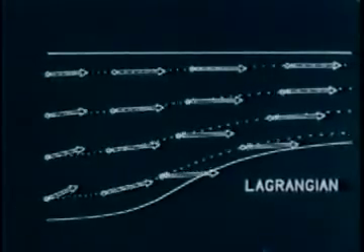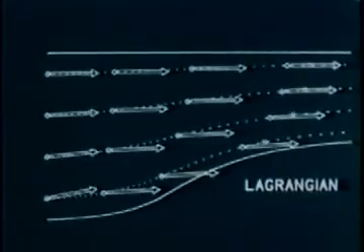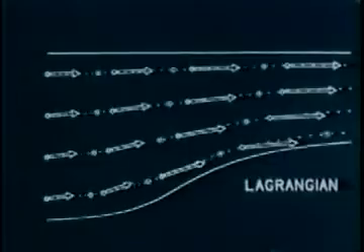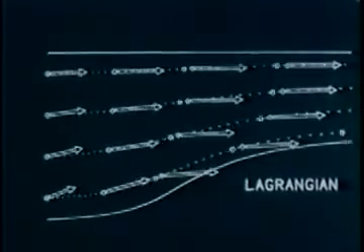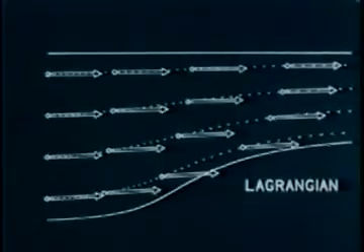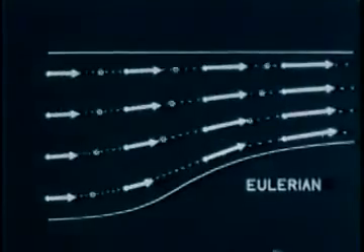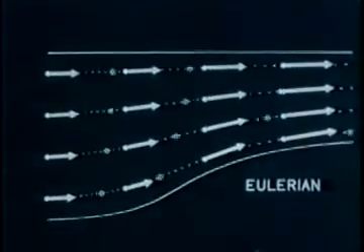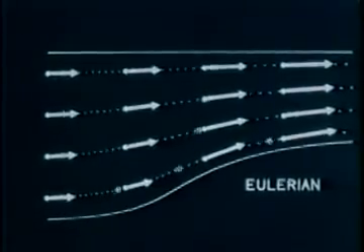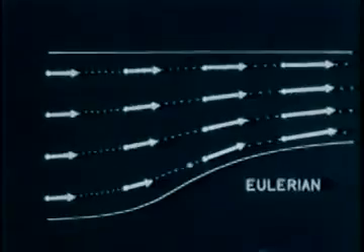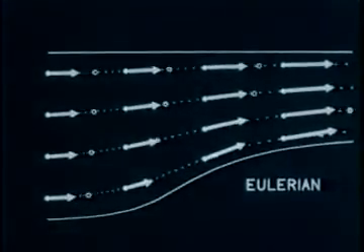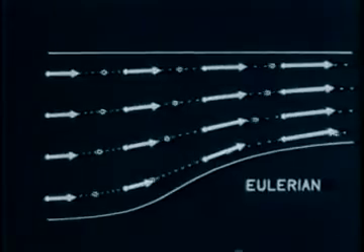Alternatively, we can define a coordinate system arbitrarily and probe to find the displacement, velocity, and acceleration at points fixed in that system. This is called an Eulerian description. This has the advantage that it is sometimes possible to find a system in which the flow is steady. It is also mathematically enormously more convenient.